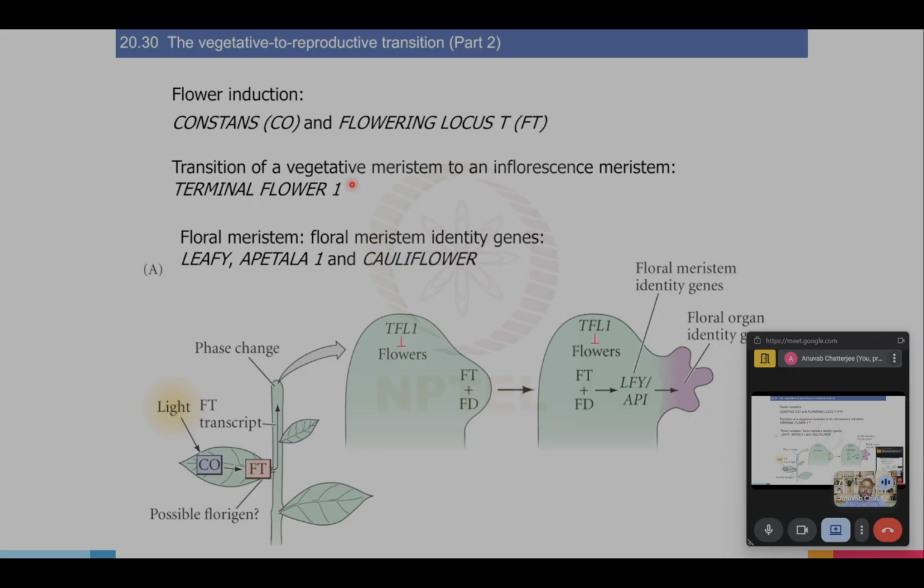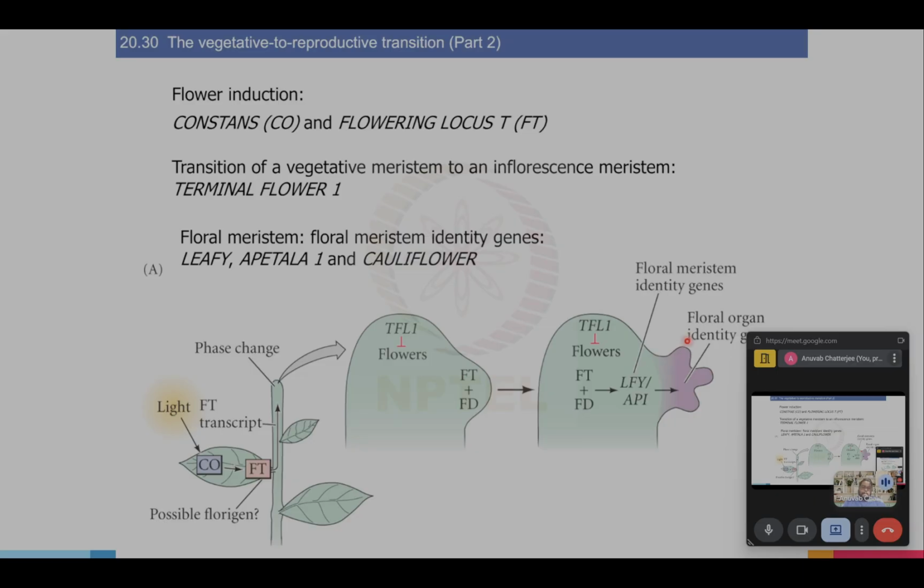So transition of a vegetative meristem to an inflorescence meristem occurs by terminal flower 1, and once this happens, the signal from FT as well as FD, which is another gene involved in this, is transmitted to the floral meristem identity genes. These genes identify where the floral meristem will form, the stem cells which will give rise to the flower.